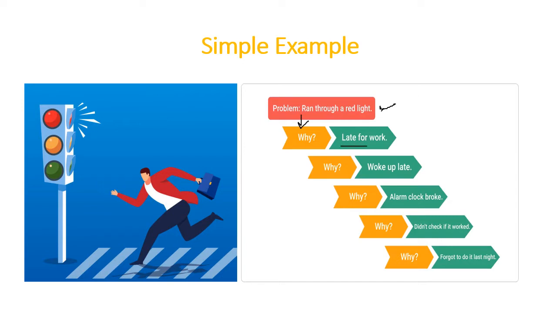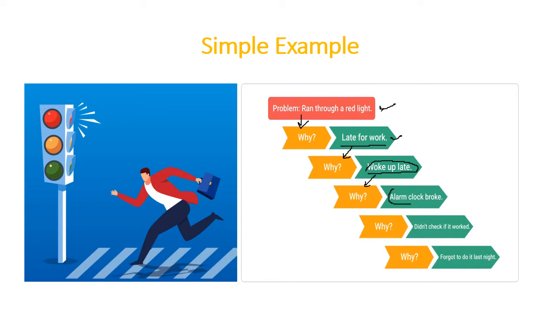Because he is late for work. He has to hurry, because if he reaches the office late, he will be fined, or his attendance will not be marked, he will be marked absent. So why is he late for work? Because he woke up late.